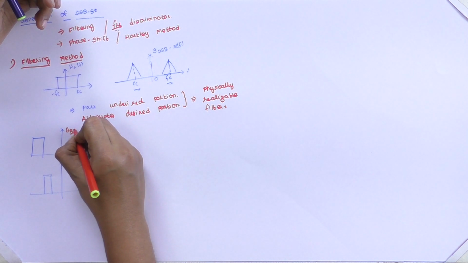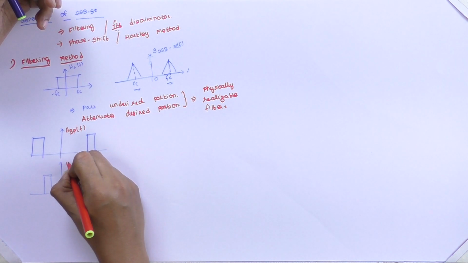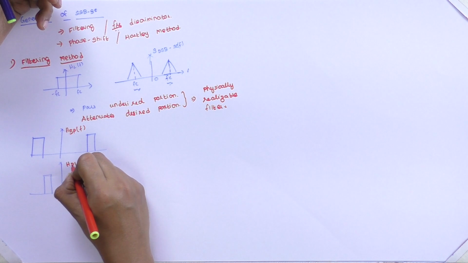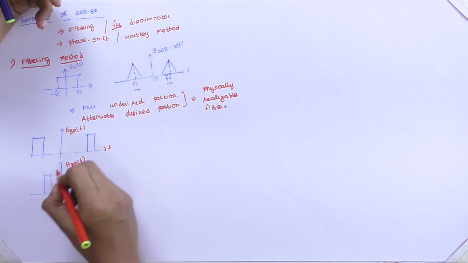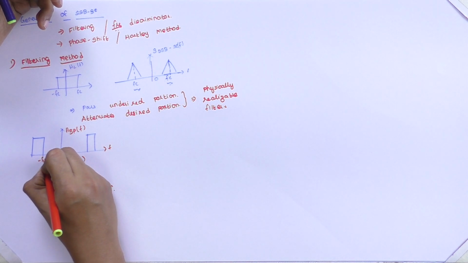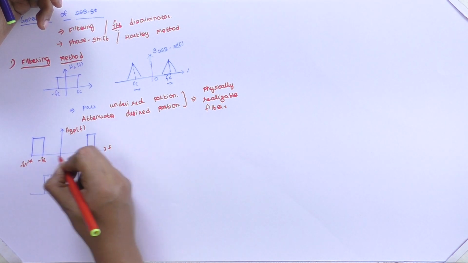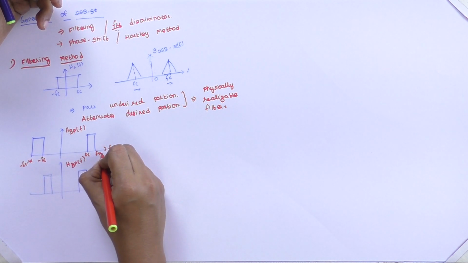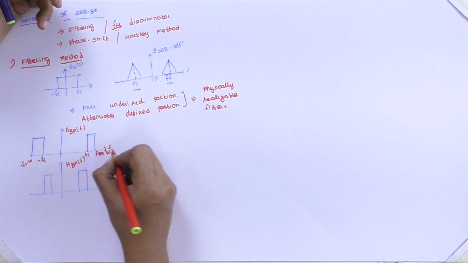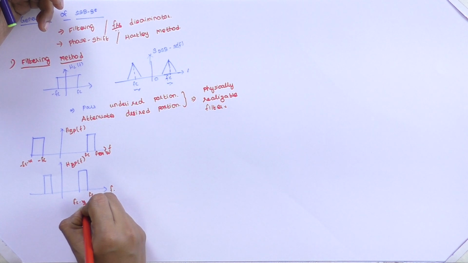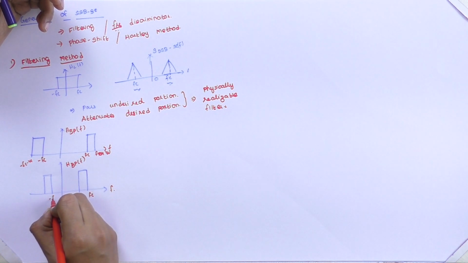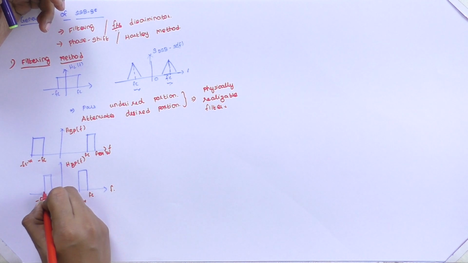They are band pass filters, one for the upper sideband and one for the lower sideband, with edges at minus FC minus W, FC plus W, FC minus W, 0, minus FC plus W, and minus FC.